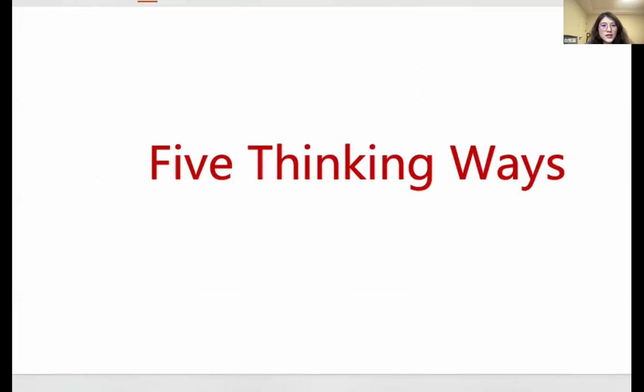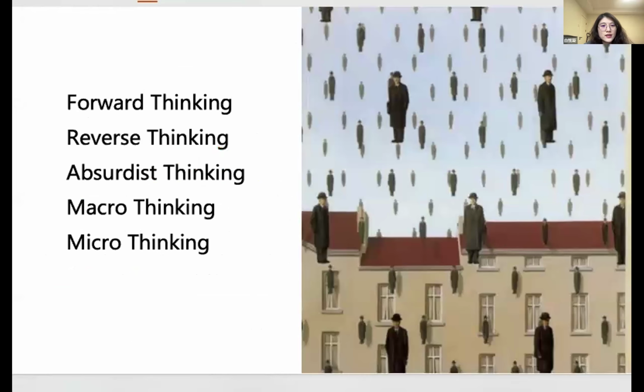The first one is five thinking ways: forward thinking, reverse thinking, absurdist thinking, micro thinking, and macro thinking. Of course, design thinking goes beyond these five methods, but these five are very useful for your purpose.